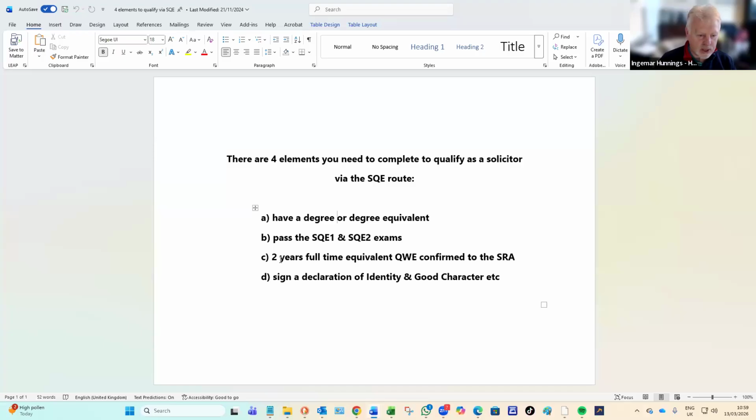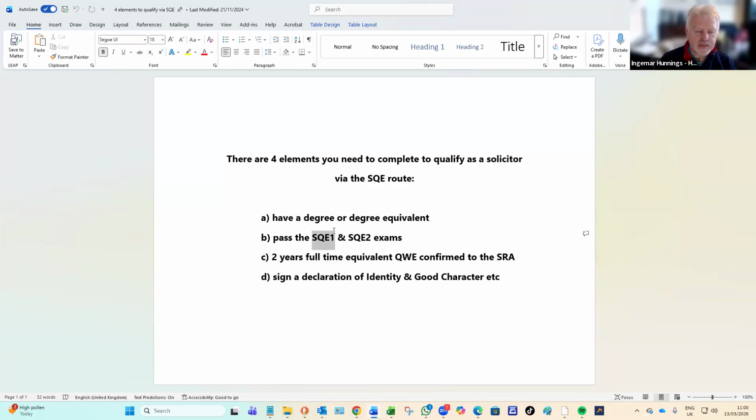What you choose will determine what happens with regard to exemptions from the QWE. So if you are not qualified as a lawyer, you can't get exempted from this. You have to get your QWE confirmed. If you have passed the LPC, you could trade that in for an exemption from the SQE1.